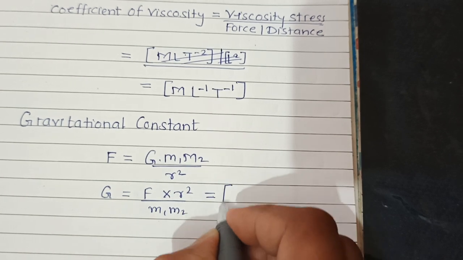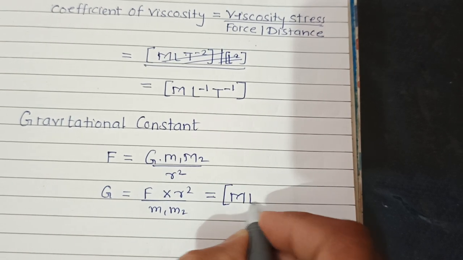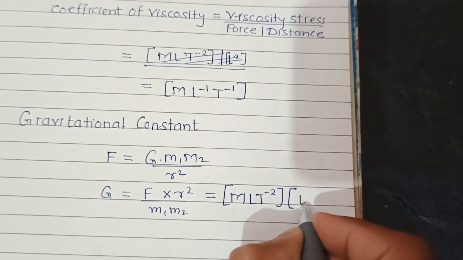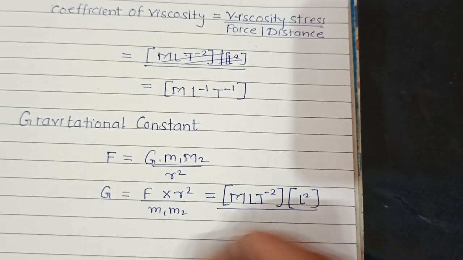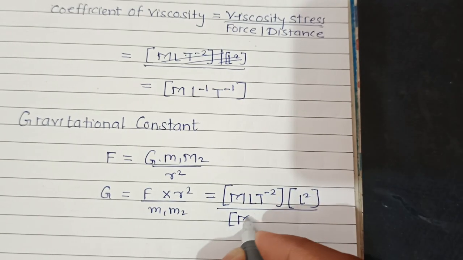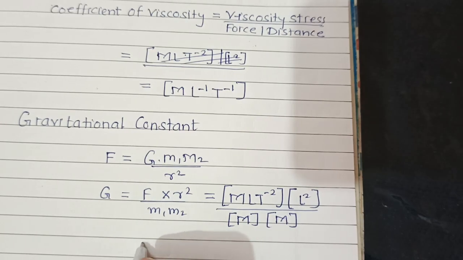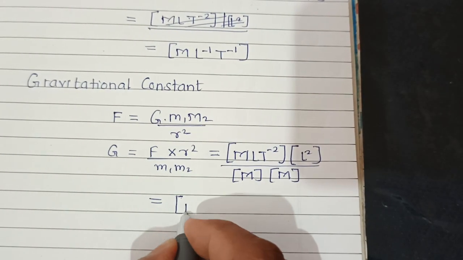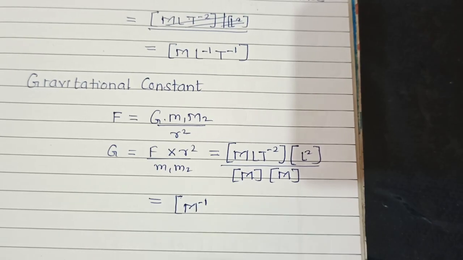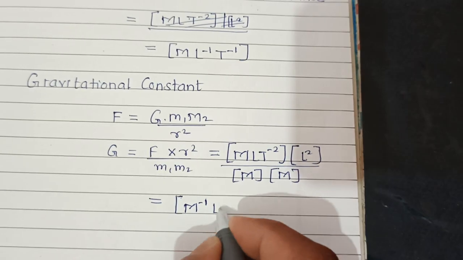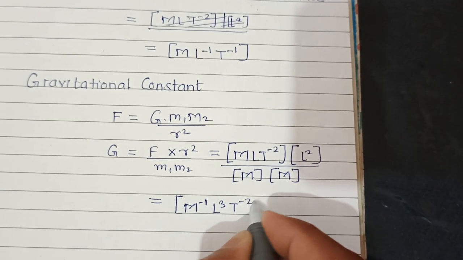The dimension of force is M L T minus 2 and r is L square and m, and this is also m, so one m is cancelled out, so that is m, so ठीक है, M minus 1 L cube T minus 2.